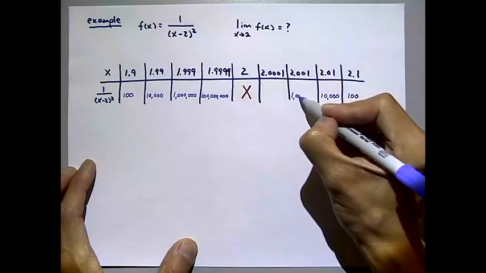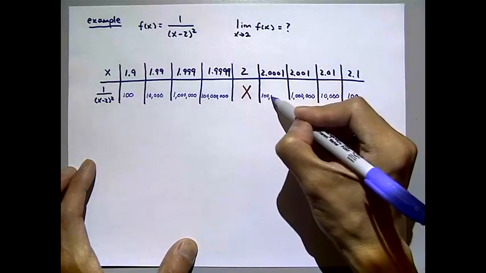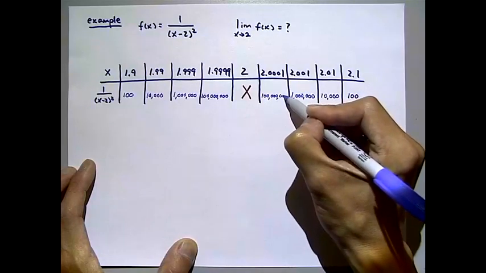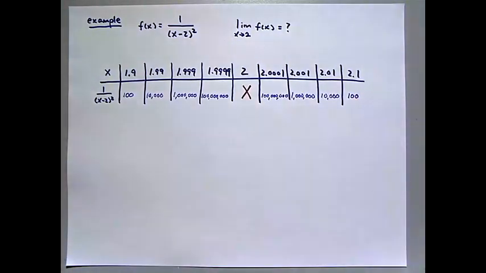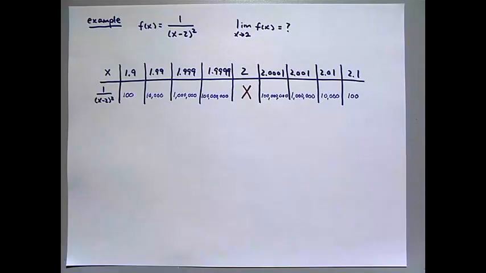This is 1 million, and this is 100 million. Can you read those numbers okay? The small numbers, they're actually huge numbers, but I wrote them small. Right? The small, big numbers, can you read them okay?